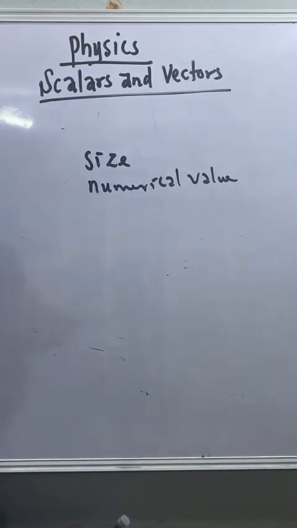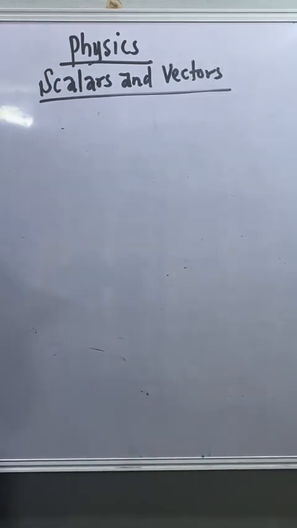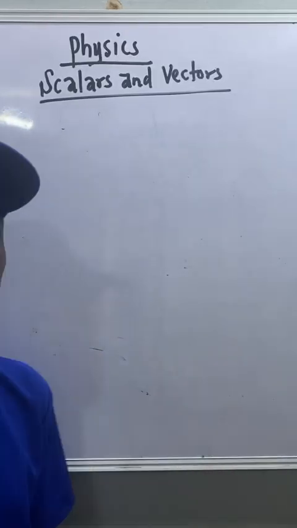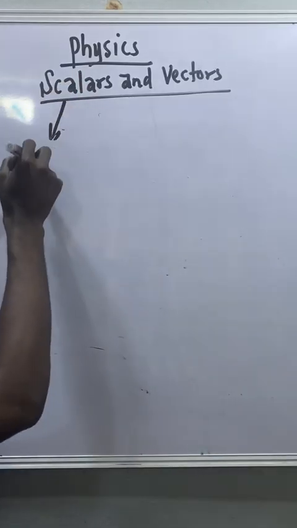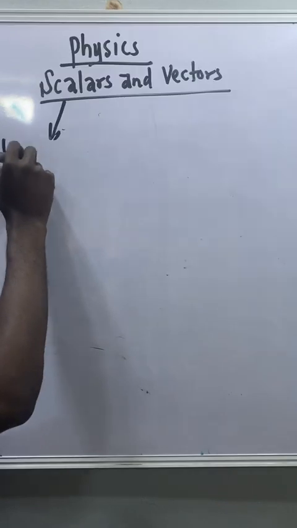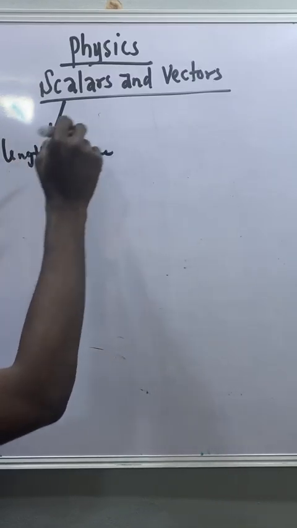Now, let me give you some examples of scalars on the board. First of all, those 7 fundamental quantities, all of them are scalars. Examples under scalars, we have length, or distance. Length and distance are the same.